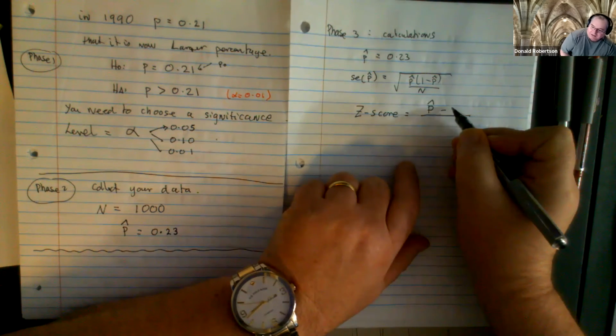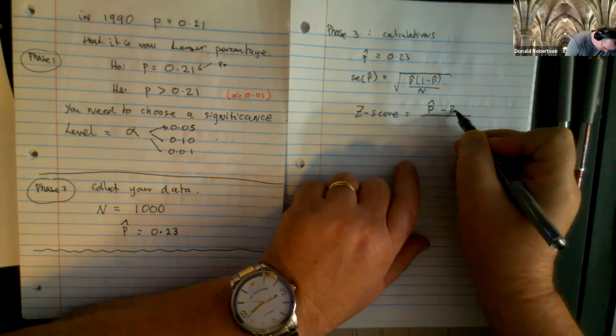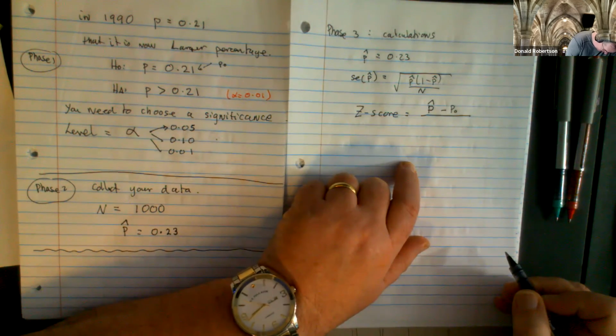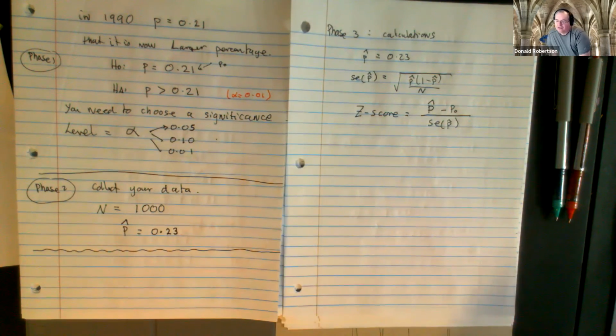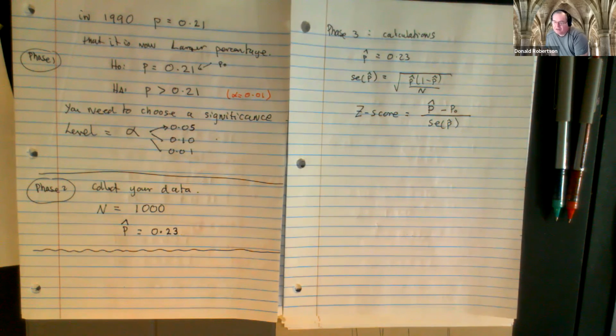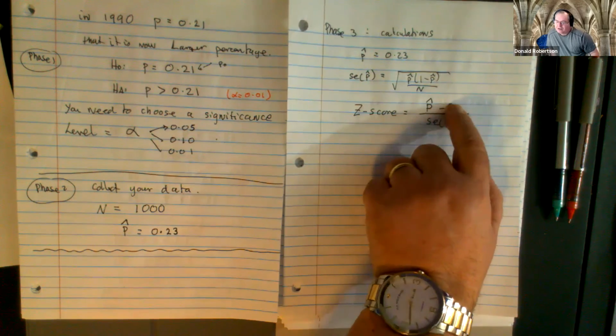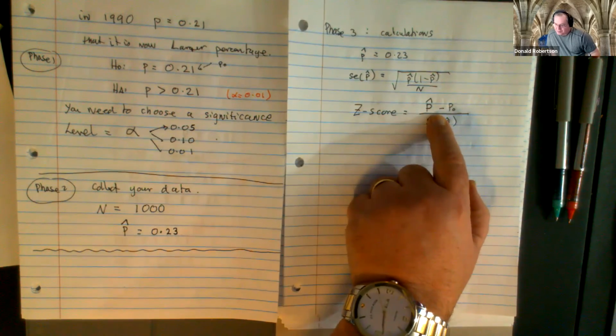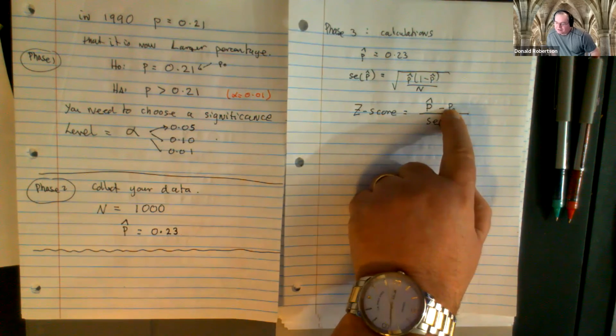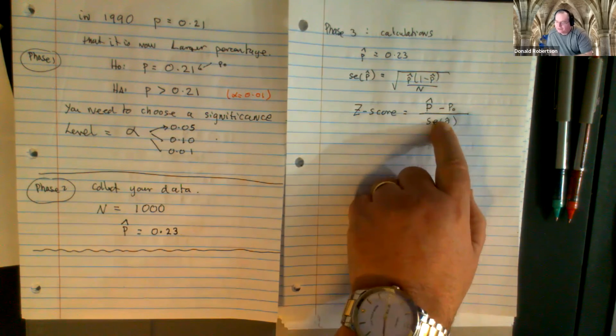P-naught is like your mean. And SE of p-hat is like your standard deviation. So it's still data take away the mean divided by standard deviation, but in the context of here, each of those things has a different name. That's your data, that's like your mean, and that's like your standard deviation. They do the same kind of jobs.